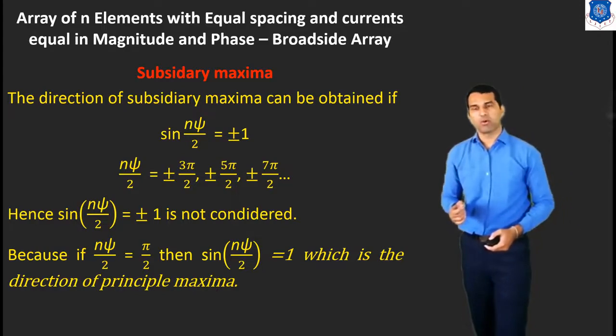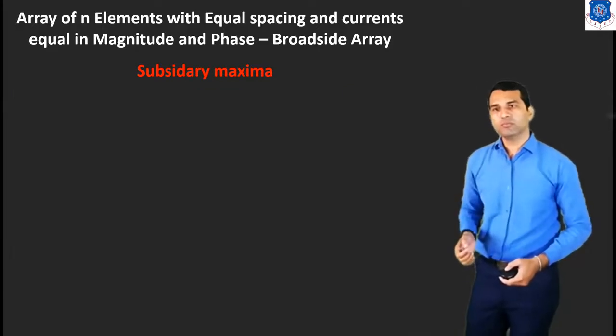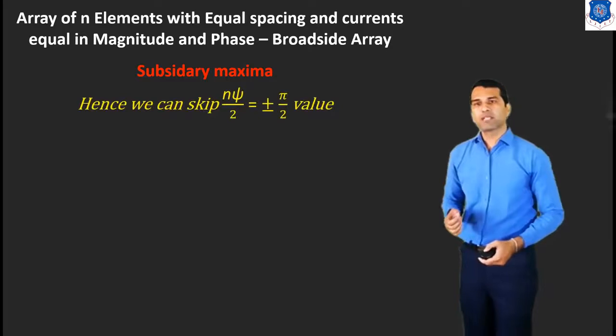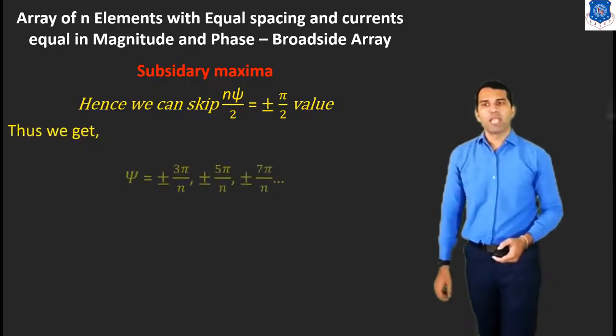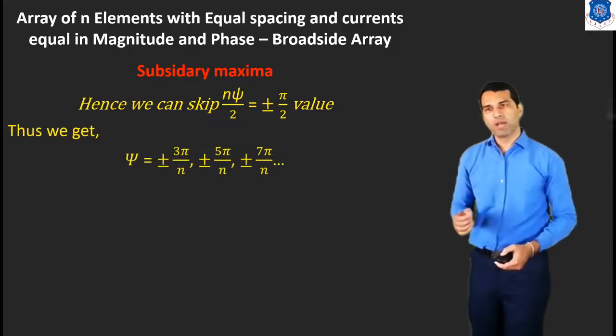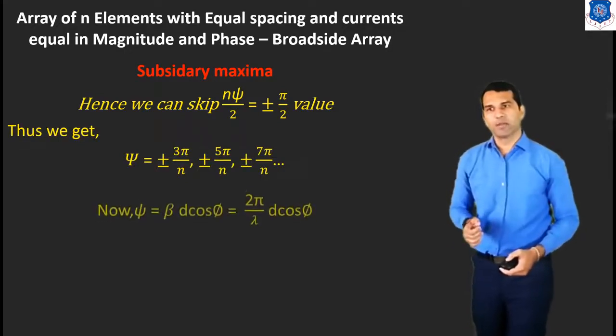So it is not possible for the side lobe, and we can skip it. Thus we get ψ equals 3π/n, 5π/n, 7π/n.